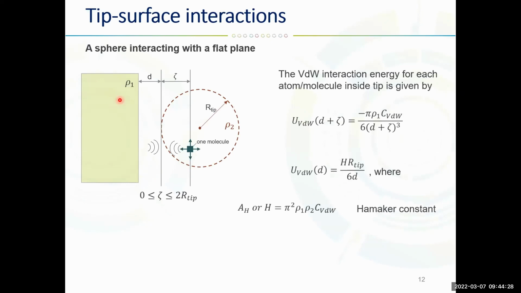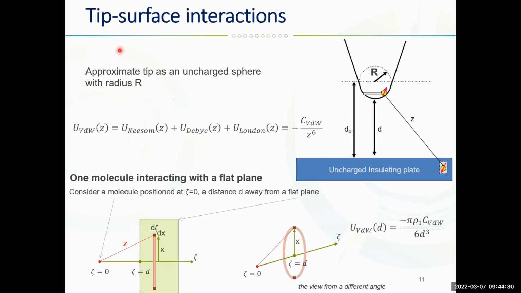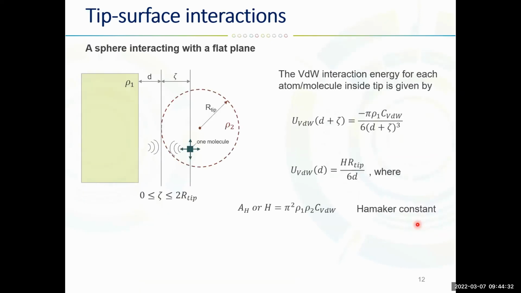So this is the plane, ρ1 is the same thing as here, and we would say that the tip has the density of ρ2. We are going to use the sphere to approximate the tip.